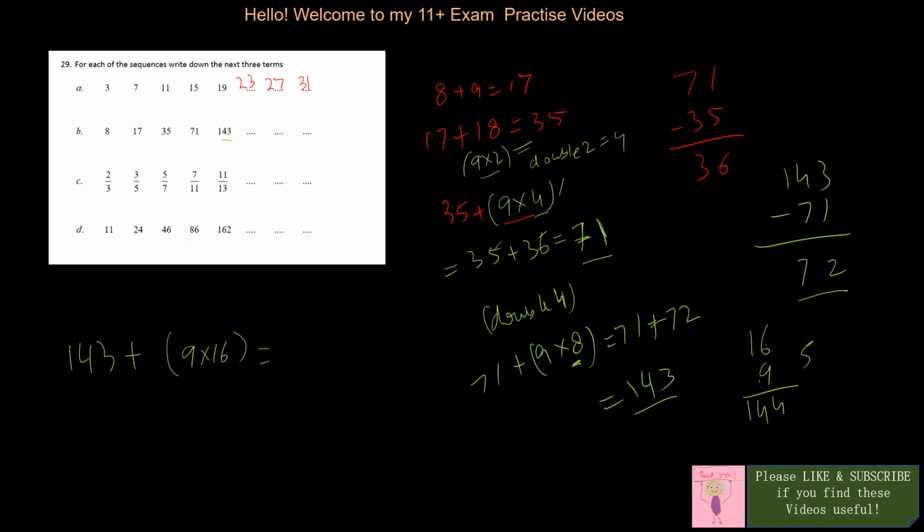So that will give me 143 plus 144, that is 287. So your number here will be 287.